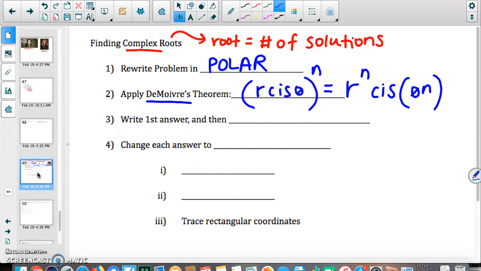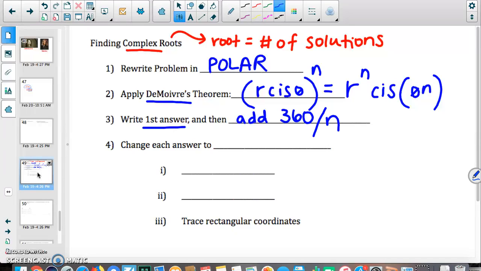To get all of your solutions, we have to add to our angle, and what we add is basically the new period. If I have 2 solutions, that means I need 2 solutions on my unit circle. So write the first answer, and then what you add to the angle is 360 divided by n.